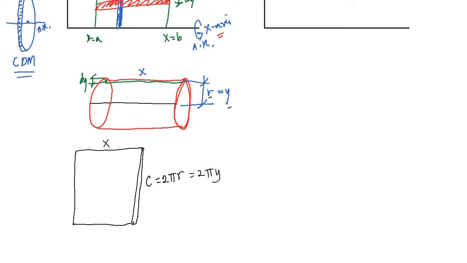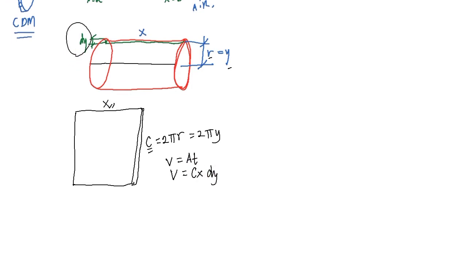That is the circumference. So, since the volume is equal to the area multiplied by the thickness, yung area natin dito is just the circumference multiplied by the distance x. How about the thickness? The thickness here is the dy.